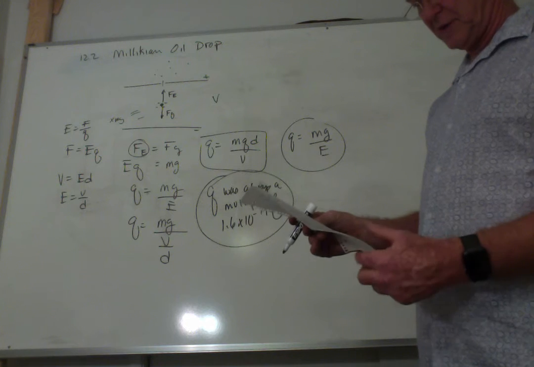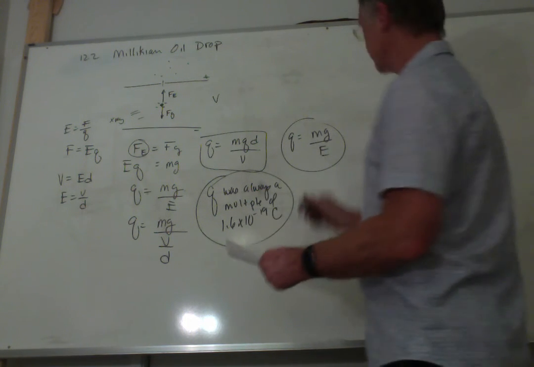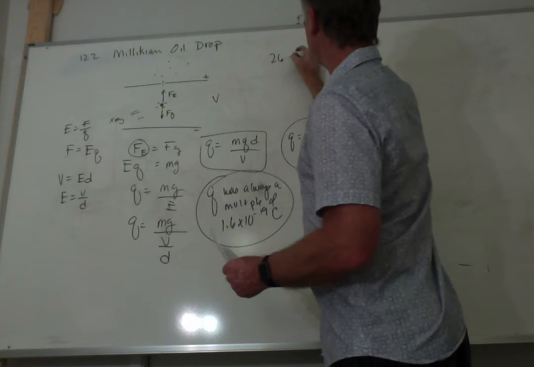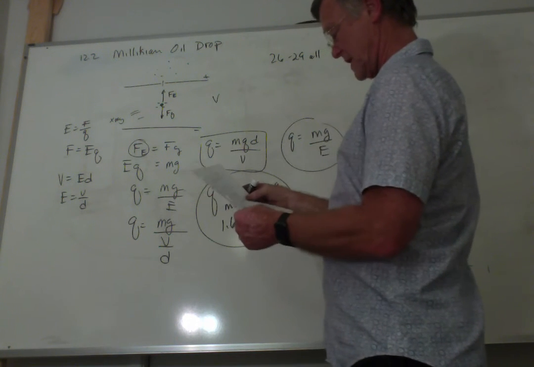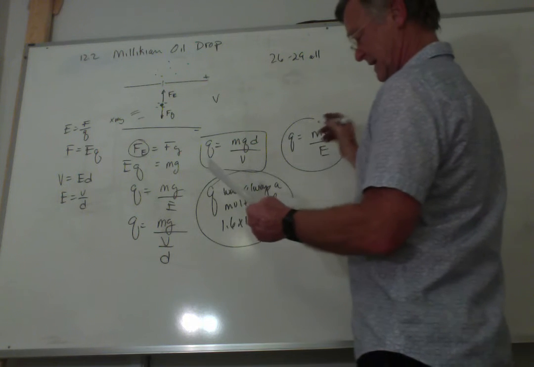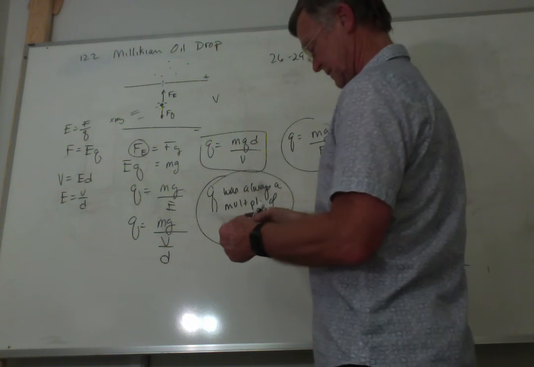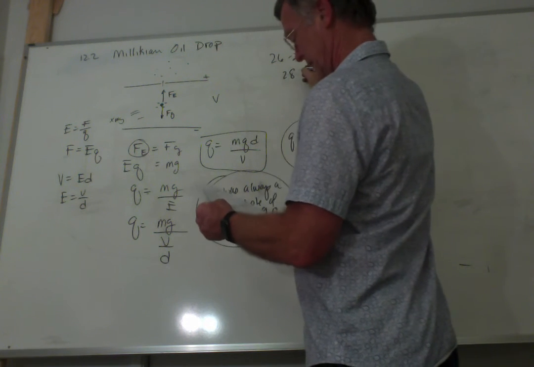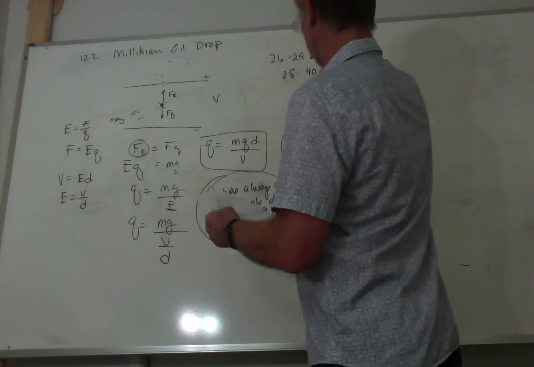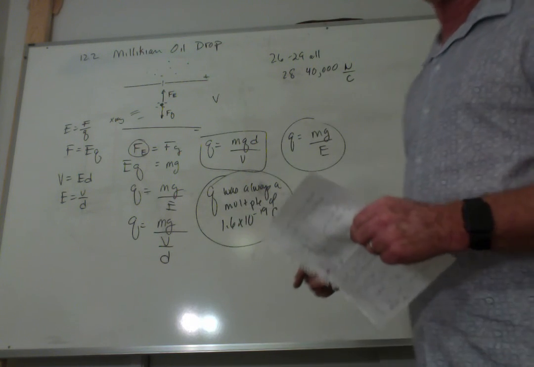We're going to do problems 26 through 29 in the book. And like I said, there's a little video that I want you to watch. The answer for 28, because you won't have that in the back, is 40,000 newtons per coulomb.